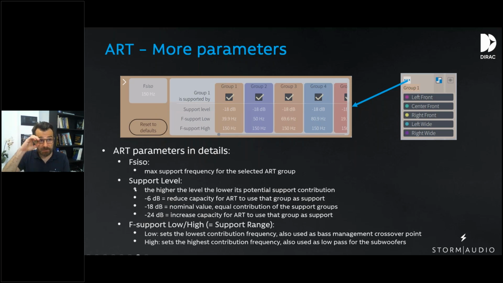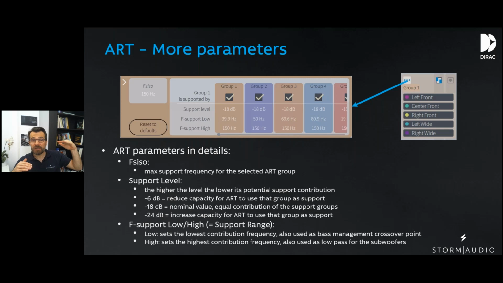And support level is something that is not, let's say, instinctive behavior, because it is actually by lowering the support level that you increase the capacity of ART to use that speaker as a support.